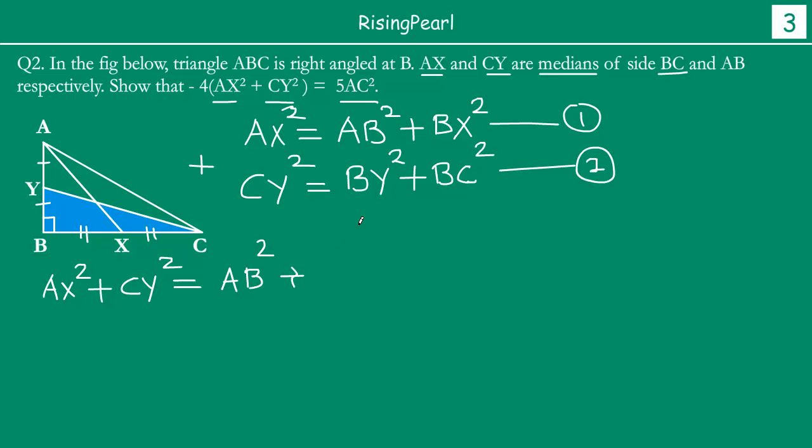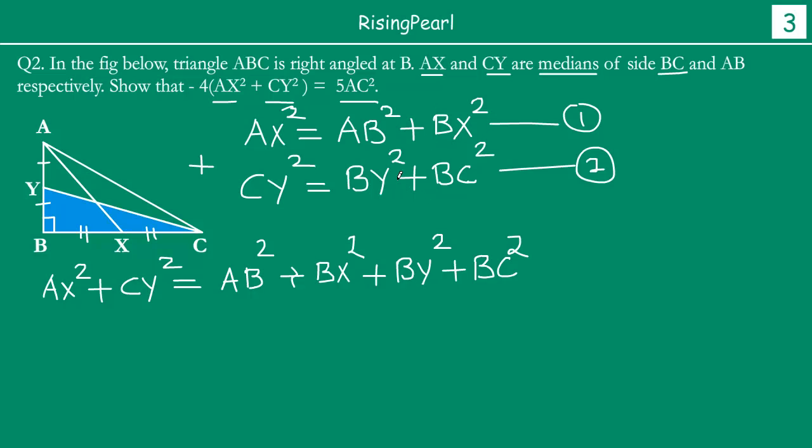So we have simply added the two equations.